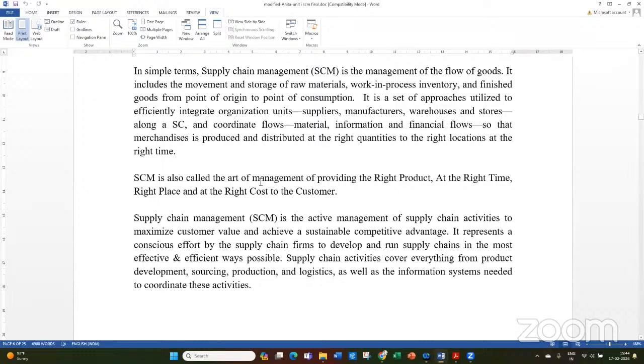You can say supply chain management is providing the right product, at the right time, in the right place, at the right cost, to the right company.